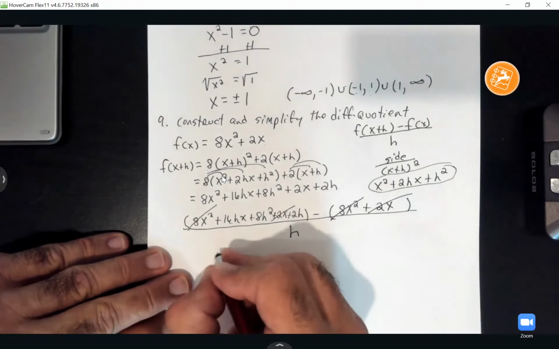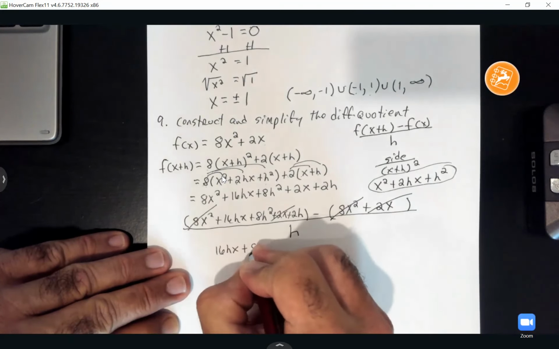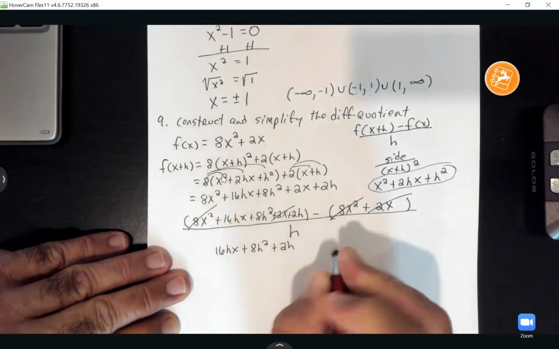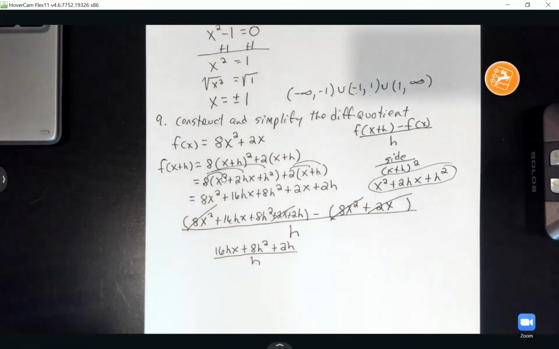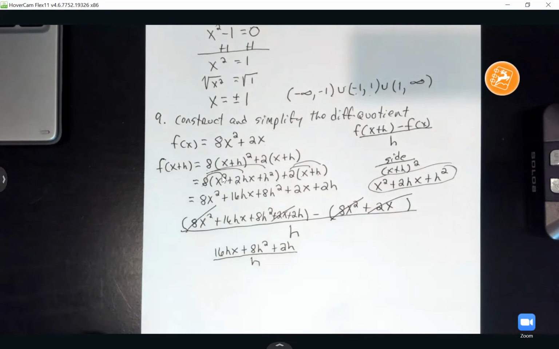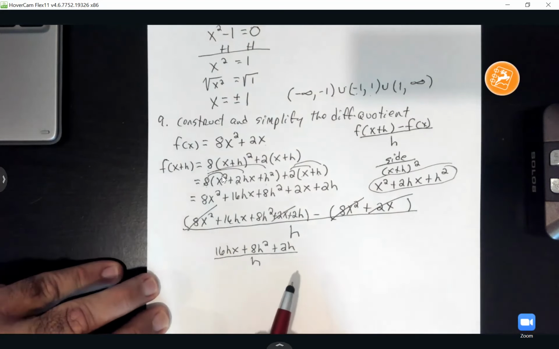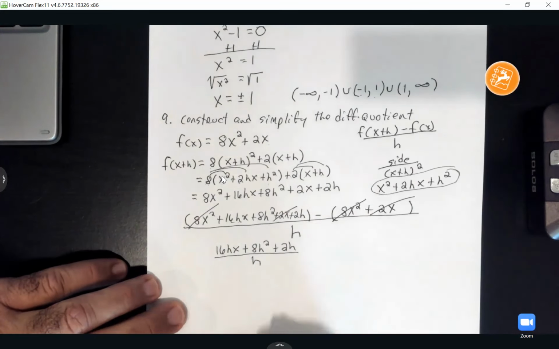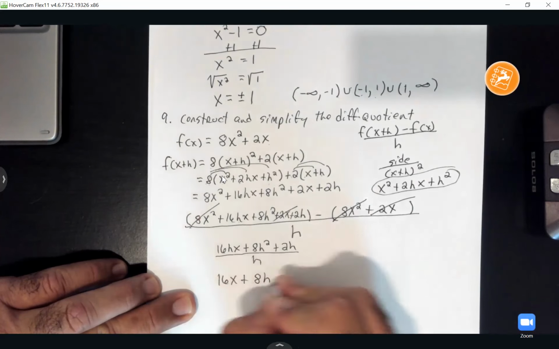So y'all, we got 16hx plus 8h squared plus 2h all over h. So at this point, what would be my final answer? 16x plus 8h plus 2.